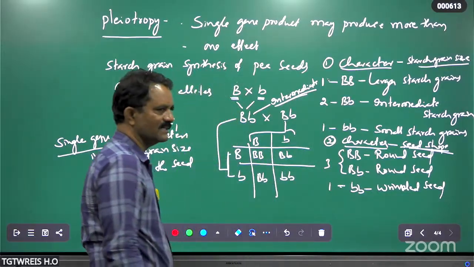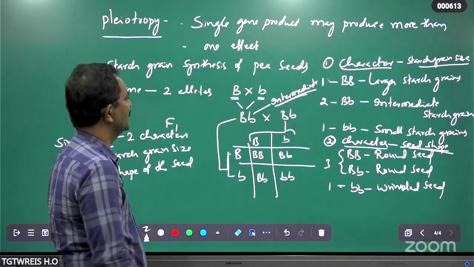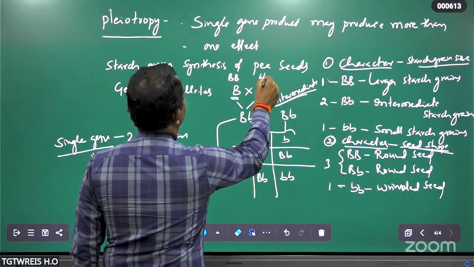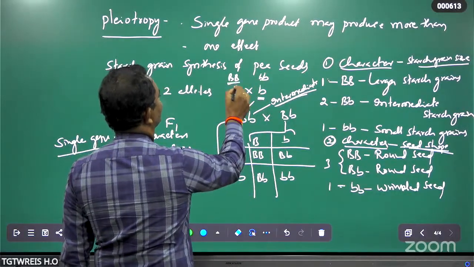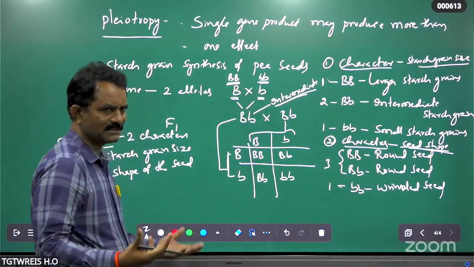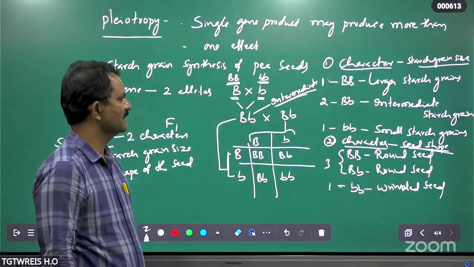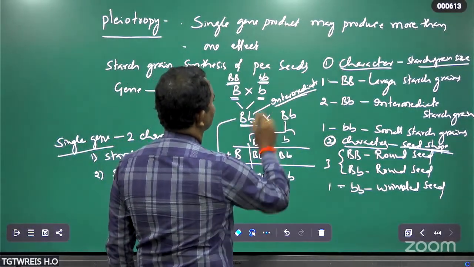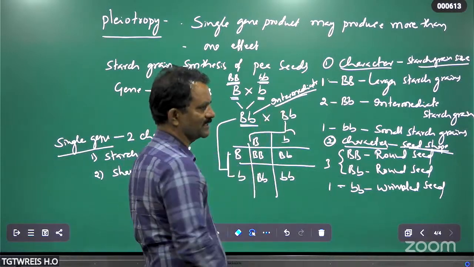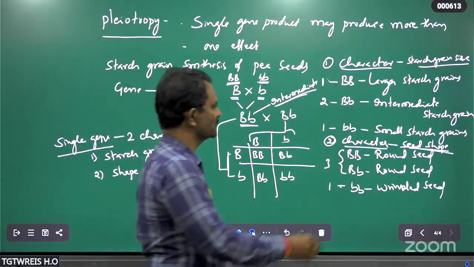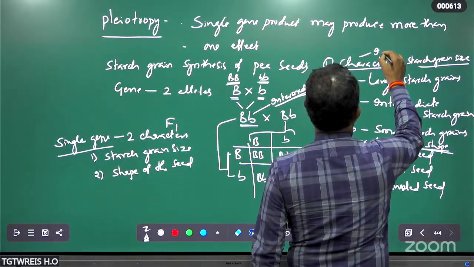It is not present in the parents. Parents have BB and bb, the large starch grains and the small starch grains. No intermediate starch grains are present in the parents, but the F1 generation shows intermediate starch grains. It is deviated, so that character shows incomplete dominance.